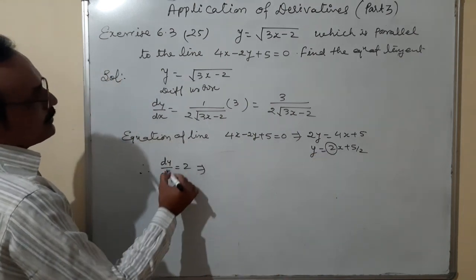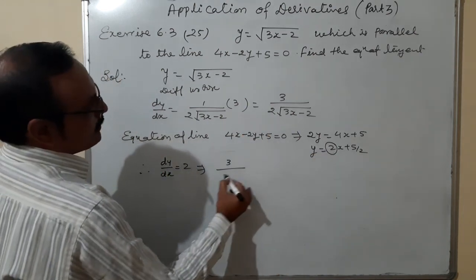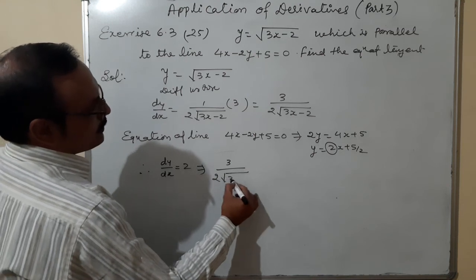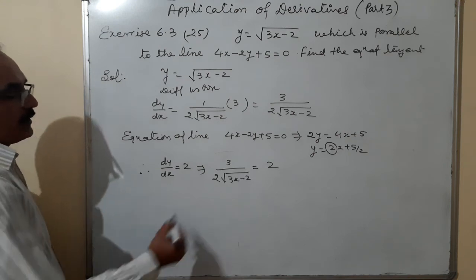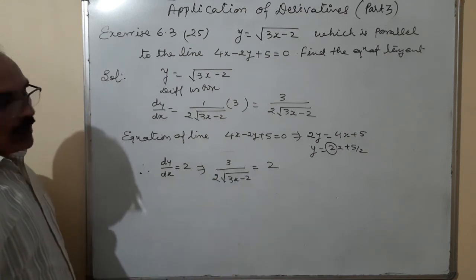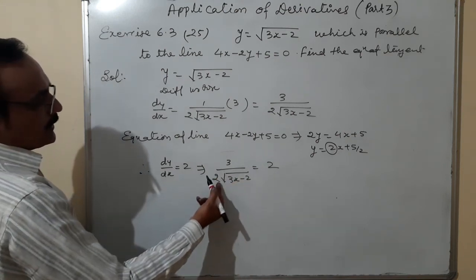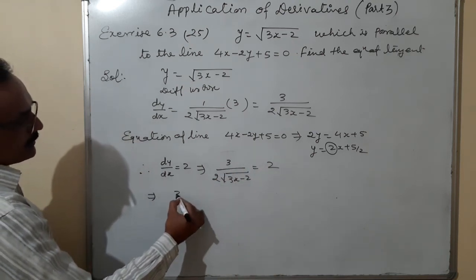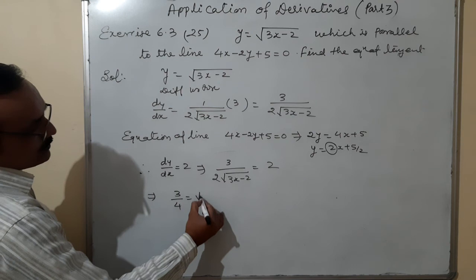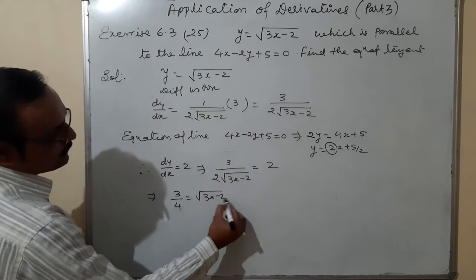And this means the value of dy by dx, 3 upon 2 root 3x minus 2, is equal to 2. Okay. For finding the value of x, what should be done? This 2 will be shifted here, root 3x minus 2 is shifting there. So I write here 3 upon 4 is equal to root 3x minus 2.